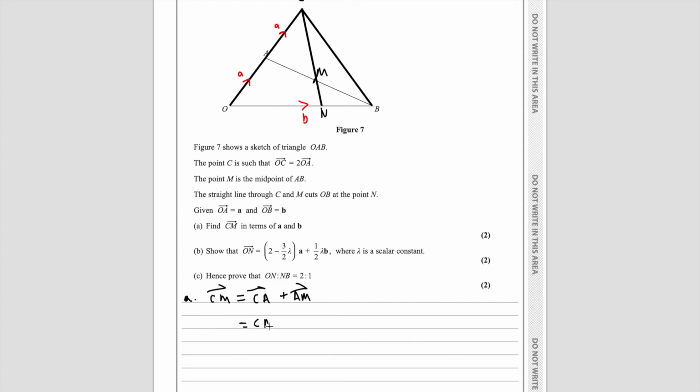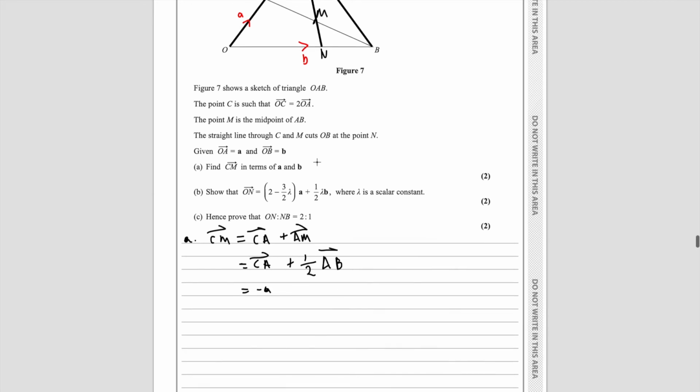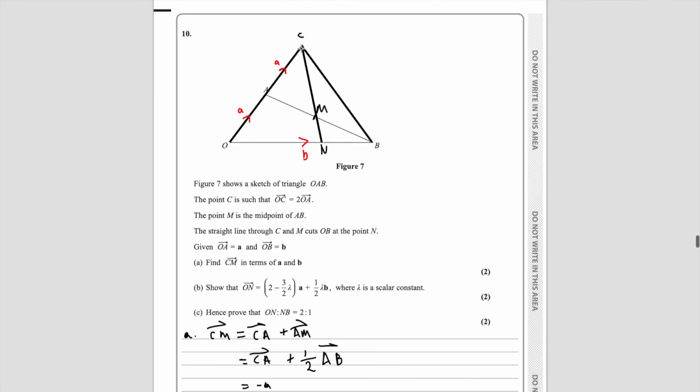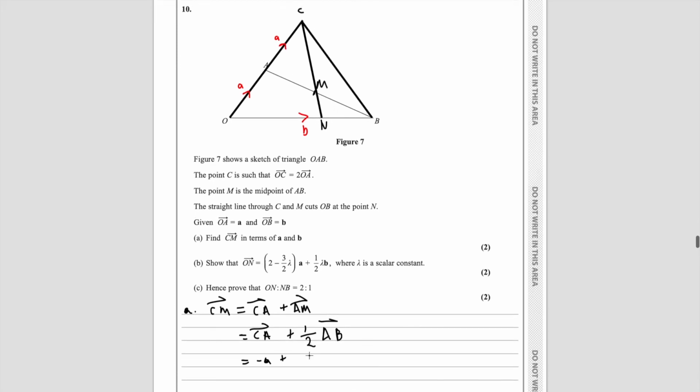So we can further break that down by saying CM is equal to CA plus half AB. We already know that CA is going to equal minus A. If A is pointing in this direction, going backwards would produce minus A. And we're going to add to that half of AB. AB being this here, AB itself is minus A plus B.